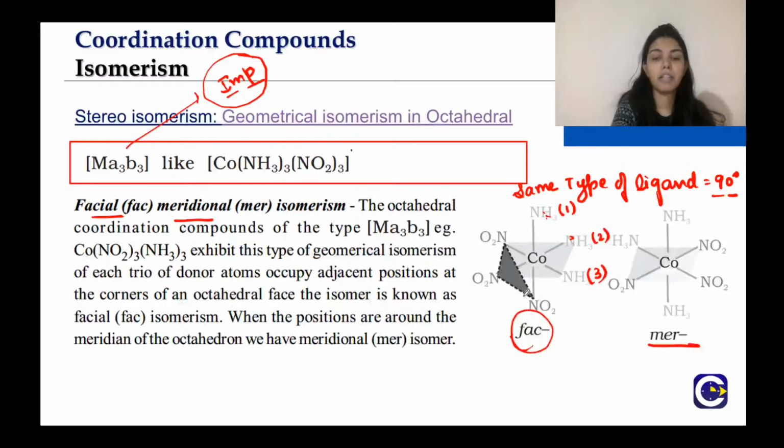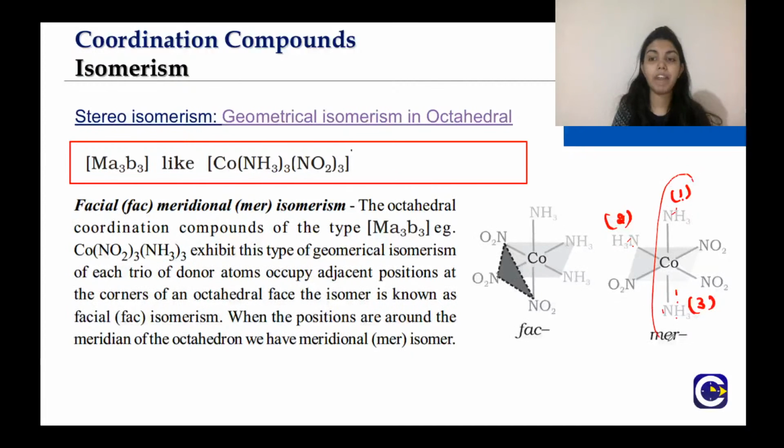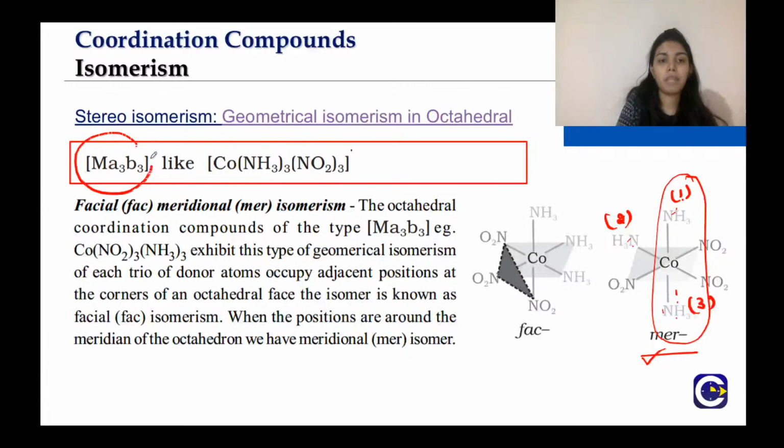For example, let us say we have 1, 2, 3. Here 1 and 3 are at 180 degrees, 1 and 2 are 90 degrees, 3 and 2 are 90 degrees. Even if one angle is 180 degrees between the same ligand, it becomes the meridional isomer. And it is possible only in complexes like Ma3B3.